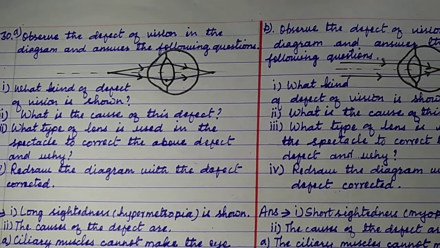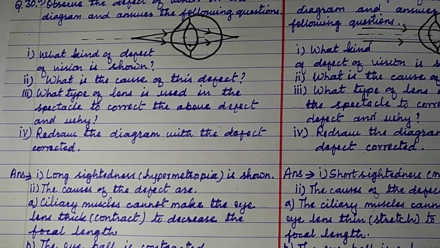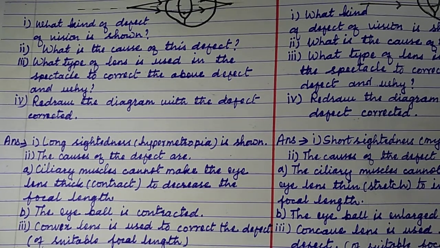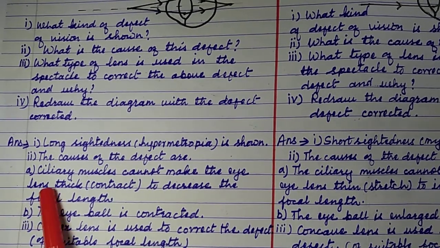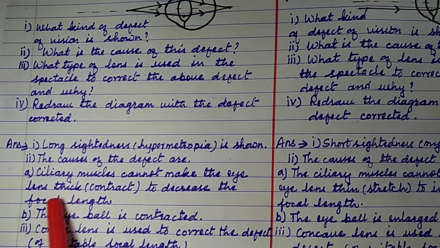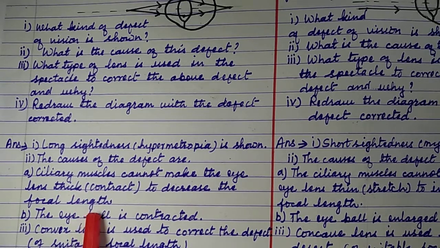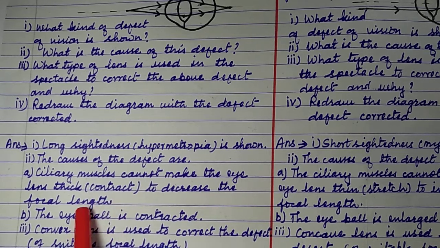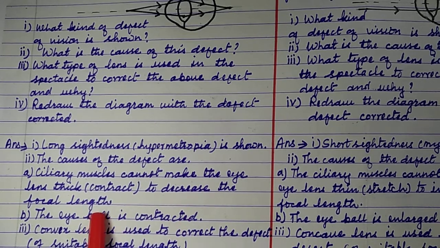Next question is, what is the cause of the defect? There are two prominent causes. Number one cause: in long-sightedness, the ciliary muscles cannot make the eye lens thick to decrease the focal length, or the ciliary muscles cannot contract the eye lens to decrease the focal length.